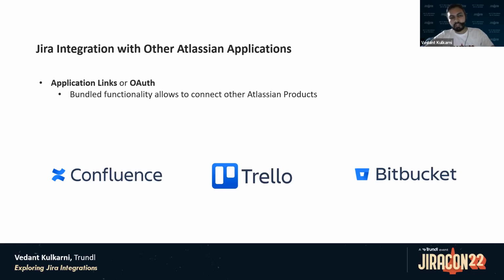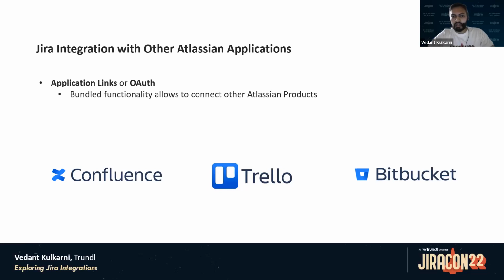If you talk about cloud applications only, then you can integrate seamlessly with Jira Cloud, Confluence Cloud, and Bitbucket Cloud with the native functionality, application links. But if we talk about Bitbucket on server and Jira Cloud, then OAuth is really helpful, and using it you can integrate Jira with other Atlassian applications as well.